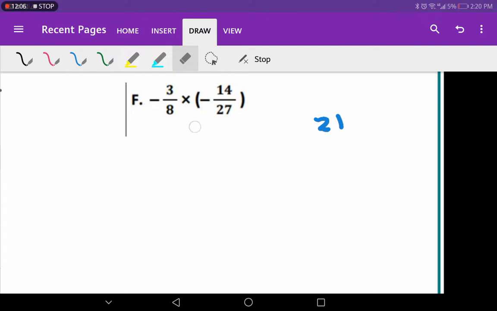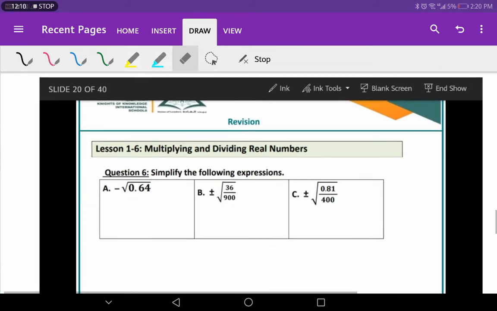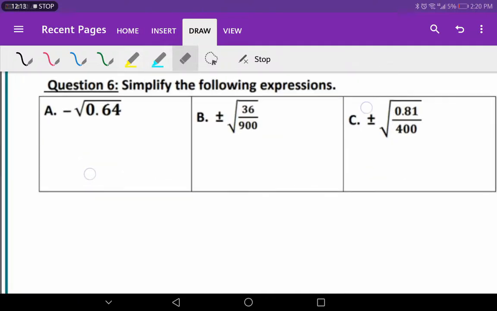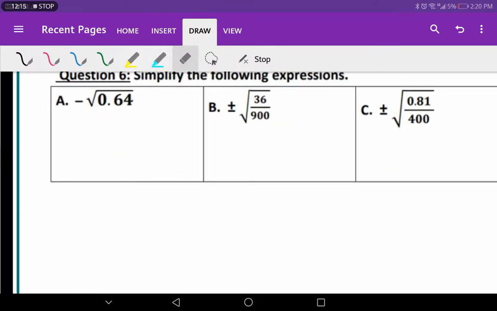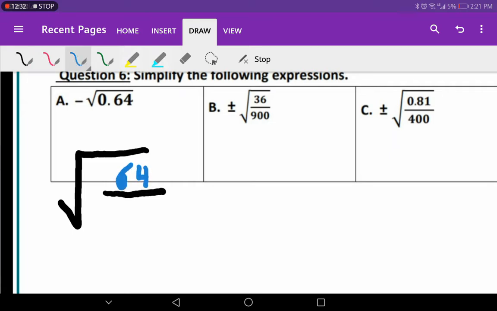Okay, my dear students, I hope you get all the benefits from this. Oh, the square root. Easy, yes? Let us start. Negative square root of 6400. First of all, I draw the square root and convert the decimal to fraction. It is 6400, so it is 64 over 100. This is the first step. Easy, yes?